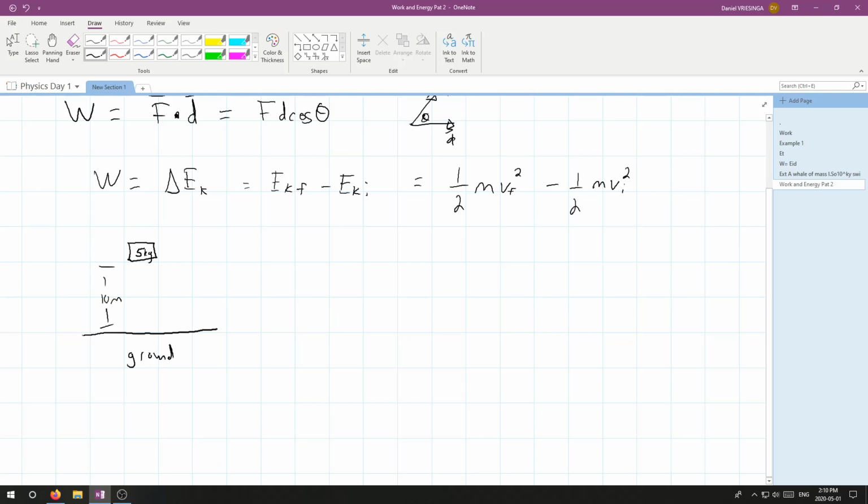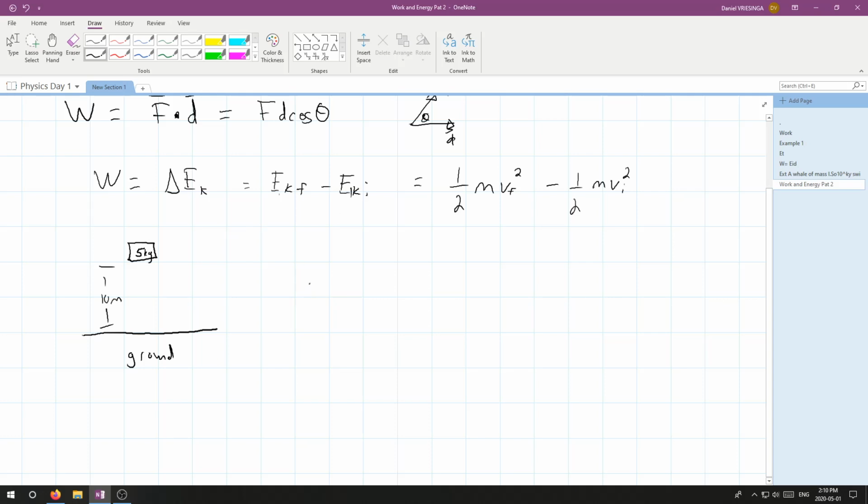Let's figure out how much work is done on that object by the Earth's gravity. That's what would be pulling it down. In questions that are up and down, it's usually gravity that's supplying the work. If it's a question with humans in it, then they're usually giving us the energy.